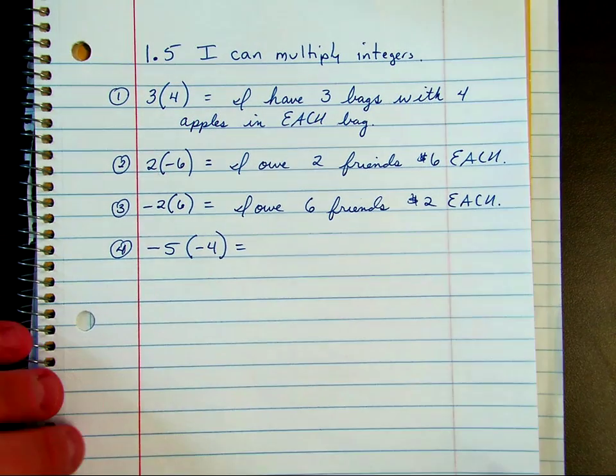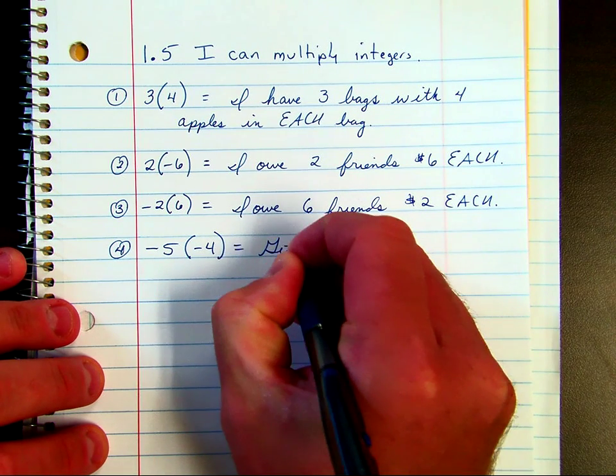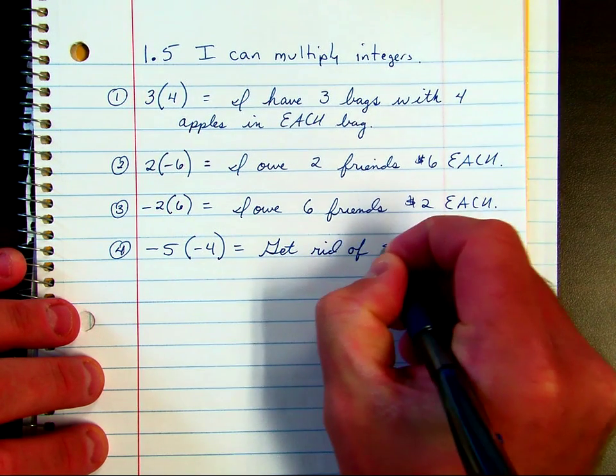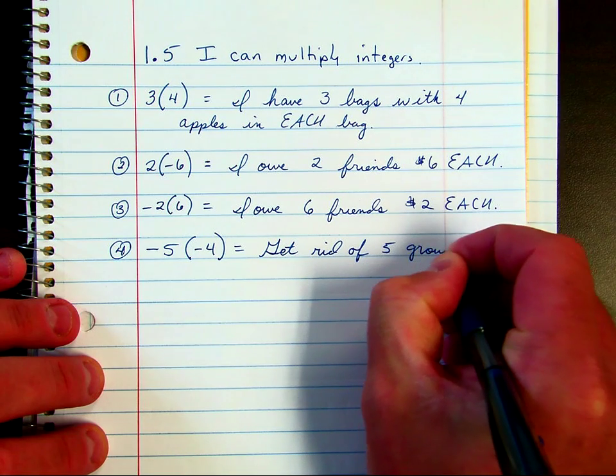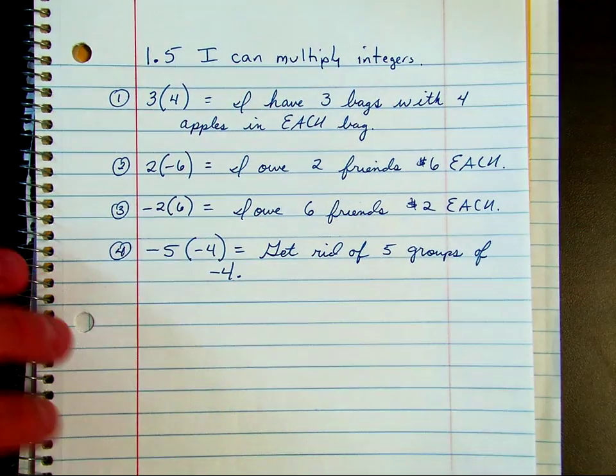So -5 times 4 means that we get rid of 5 groups of -4.